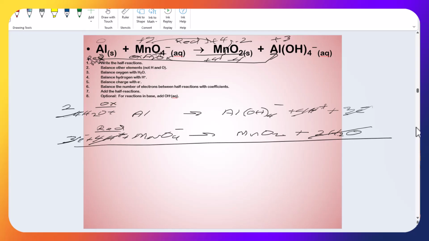And so let's see what we got. I got 2 H2Os plus aluminum plus permanganate.